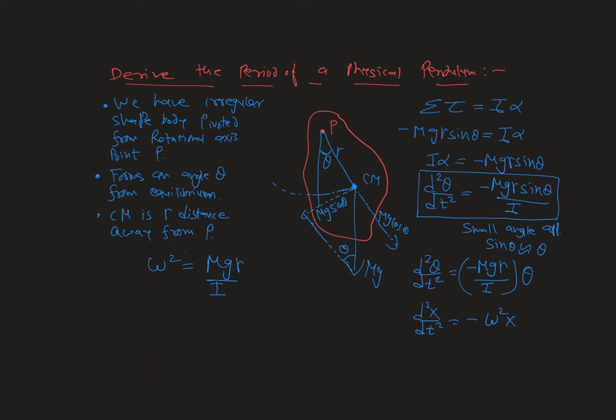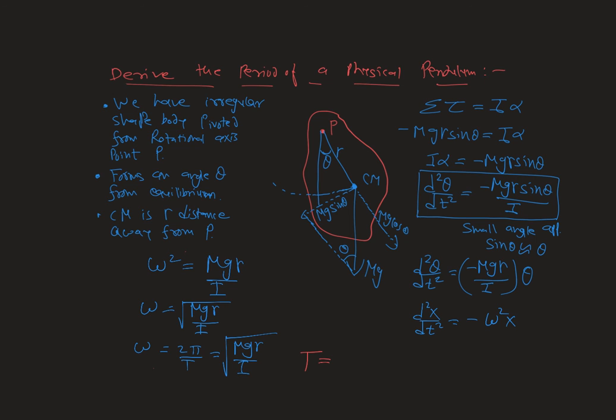I is the moment of inertia. So if we have that, I can write that omega is the square root of mgr over I. Also, I do know that omega equals 2 pi over T, which is indeed equal to the square root of mgr over I. So I can rearrange the equation, and now finally I have the equation for the period of a physical pendulum, not a simple pendulum.